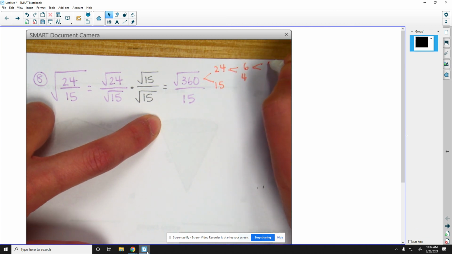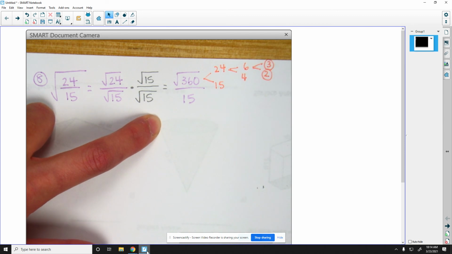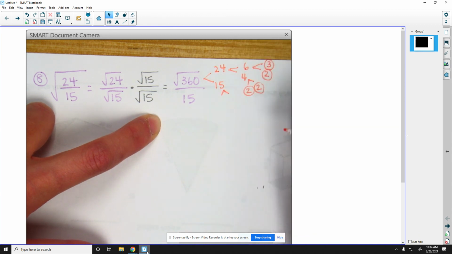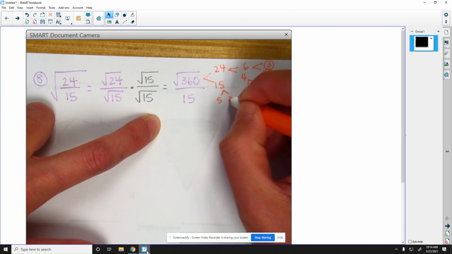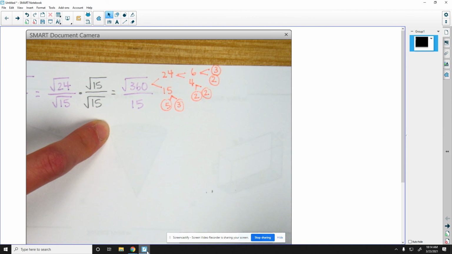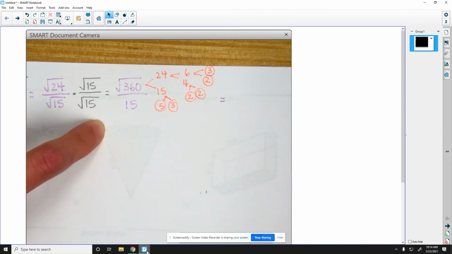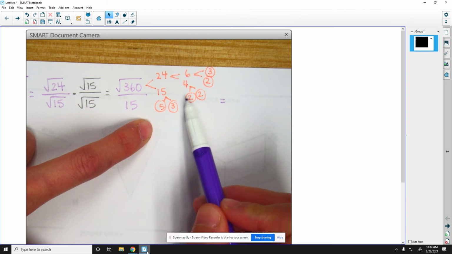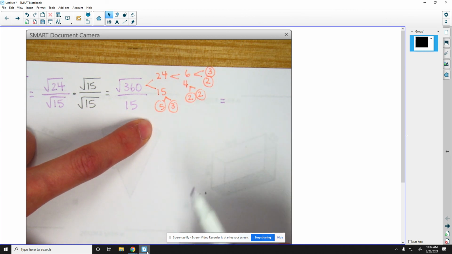Just break it down to as small as it will go. 6 is 3 times 2. 4 is 2 times 2. 15 is 5 times 3. So 360 is 5 times 3 times 2 times 2 times 2 times 3.